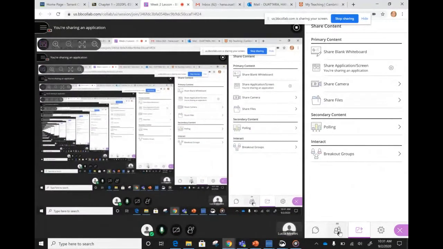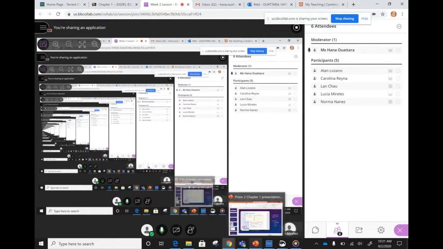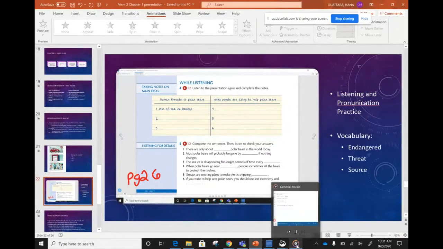A third human threat to polar bears is industrial development, such as oil production and shipping. As the ice disappears, the ocean is growing. This means there may be more oil production in the Arctic, and the threat of oil spills could increase.